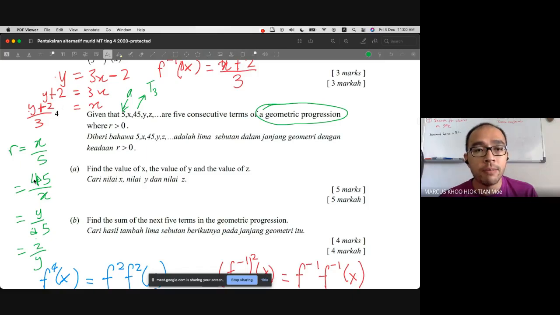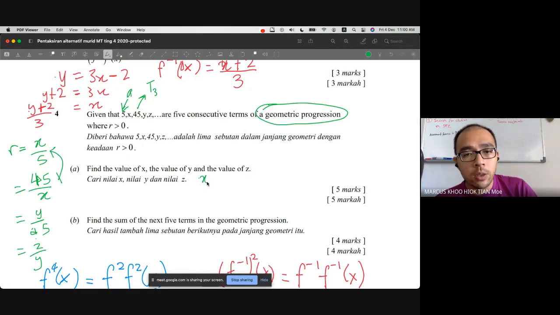Okay, but actually if we do this kan, take a look, I can use these two. So ini x over 5, 45 over x, y over 45, z over y, and all will give the same value of r, the same value of the common ratio. Okay, sebab geometric it is the same. I can say that these two lah, contohnya kan, ini dua lah saya kasih sama.